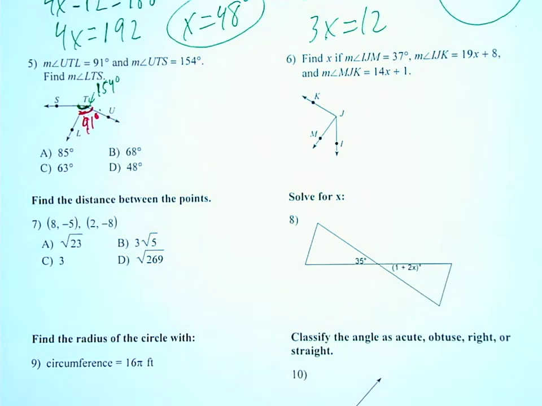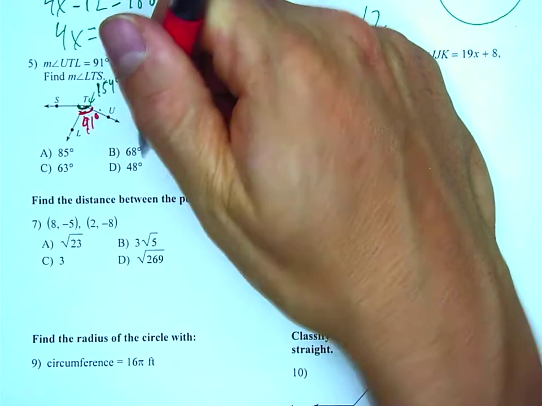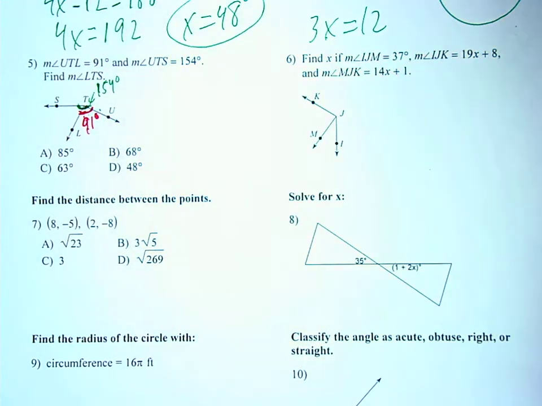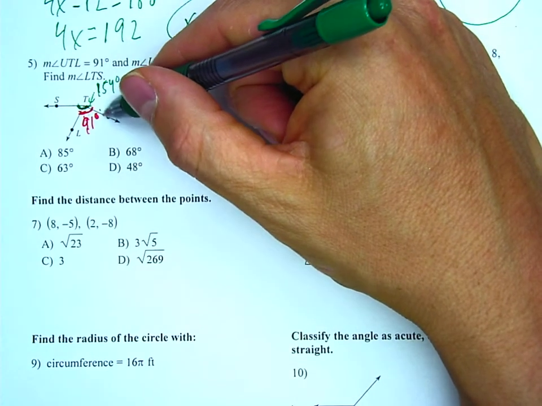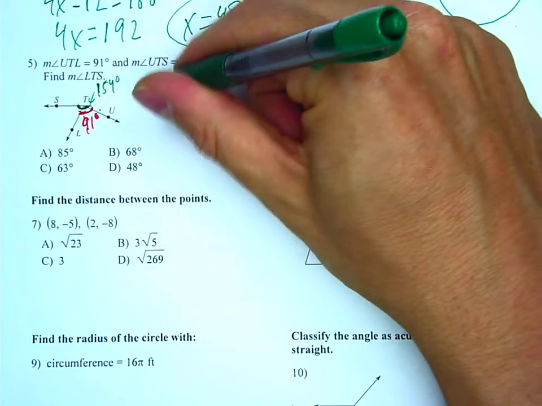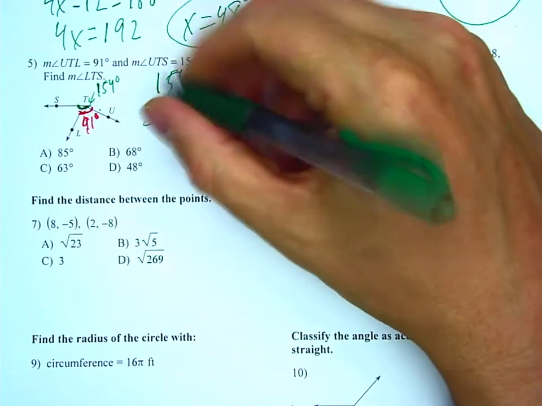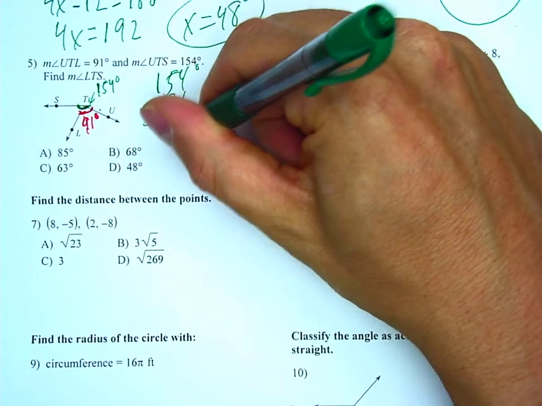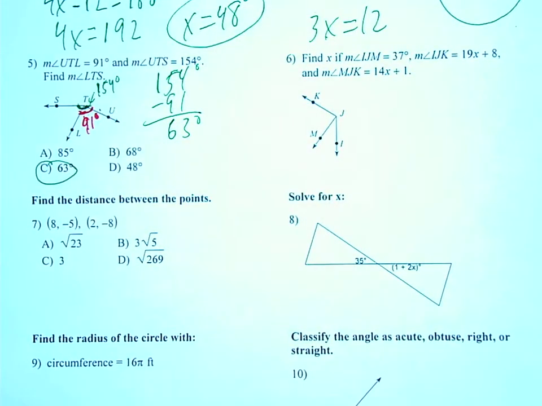This is called the angle addition postulate, but sometimes you subtract, and in this case we do subtract because we're looking at UTS, the entire angle, subtracting off the smaller angle, UTL. 154 minus 91 is 63 degrees. In other words, 63 plus 91 is 154.